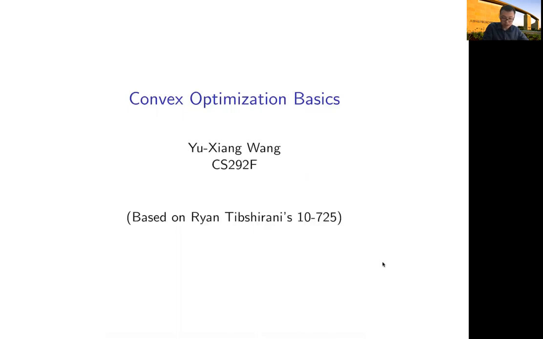And again, we'll be talking about operations that preserve convexity in terms of the optimization formulation. So we'll be having a lot of fun with examples of convex optimization problems and the operations that we can use to reformulate them so that they remain convex.